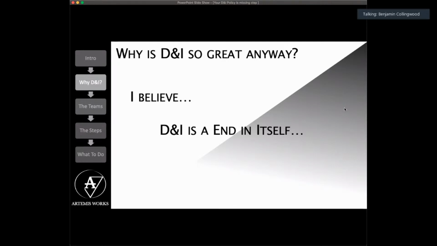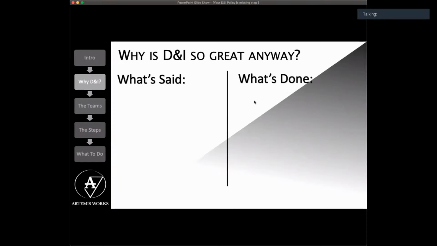So that's my view. But what happens is when you go into a business, I always ask a question around diversity and inclusion because it's something that I'm really passionate about. The question I ask hiring managers, business owners, directors, business leaders, is what are your thoughts towards D&I?